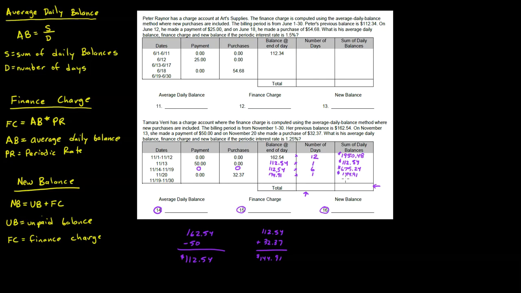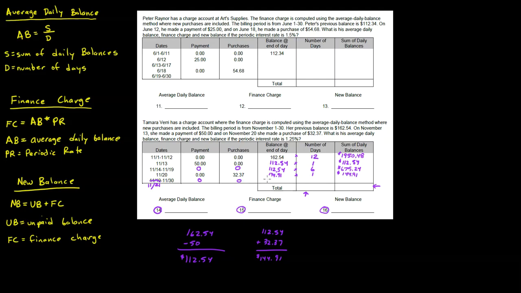Then from 11/21 to 11/30, that shouldn't say 119, that should say 121. Your copy should say 11/21. Mine has a boo-boo on it. So from 11/21 to 11/30, I didn't make a payment. I didn't make a purchase.